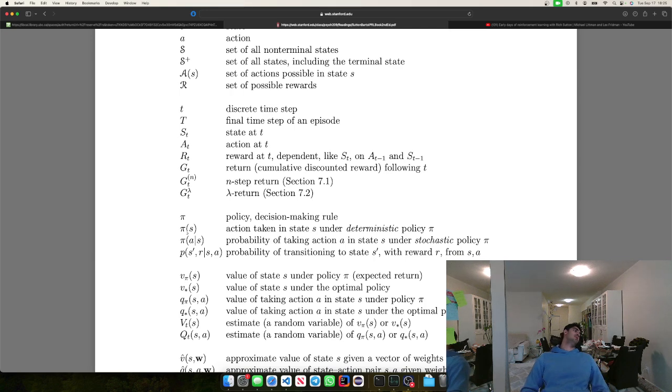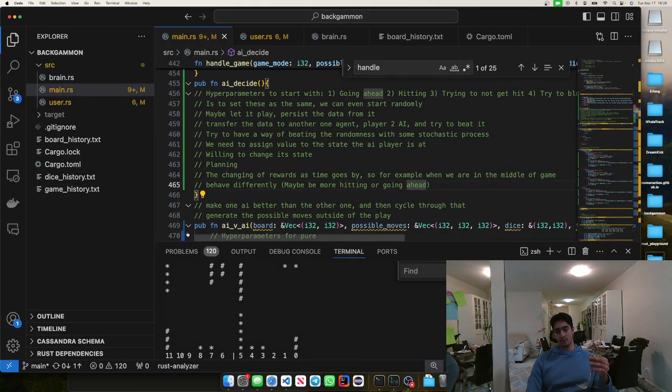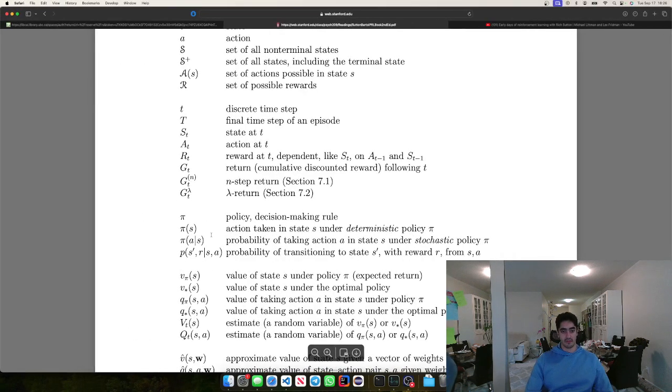We added some stuff to the backgammon. The changing of rewards is just the value function according to time. How do you write the value function?